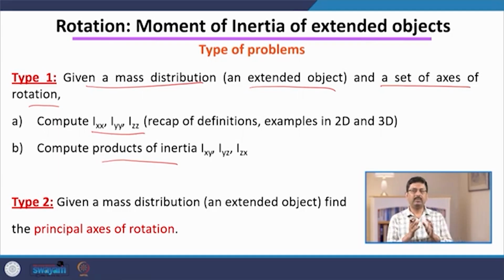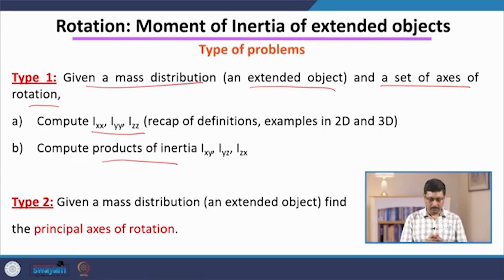These are the different components of moment of inertia. Moment of inertia is an example of a quantity that is neither a scalar nor a vector. The nature of the quantity will be more clear in the next week when we discuss the laws of rotational motion. So, this is our first type of problem.